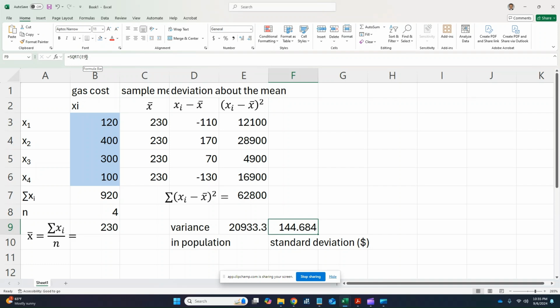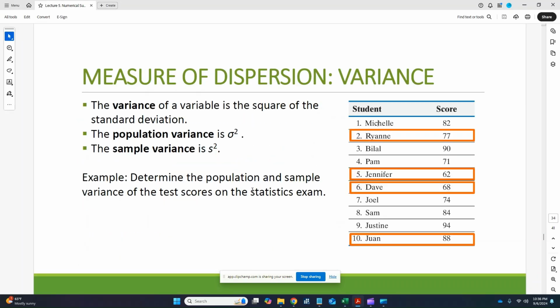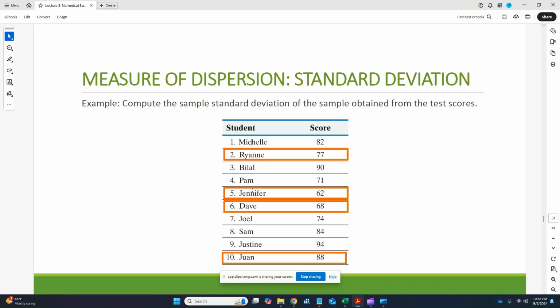This is my sample standard deviation. I have subtracted 1 from the count, the number of observations in the data. Why? Let me show you.